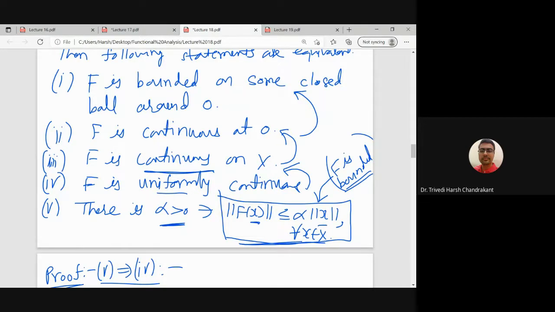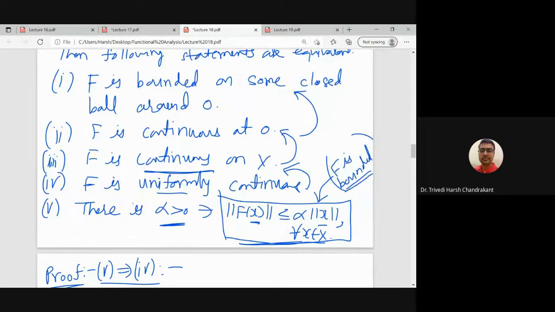And then 2 implies 1 is also true, because if it is continuous, then it maps a bounded set to a bounded set.